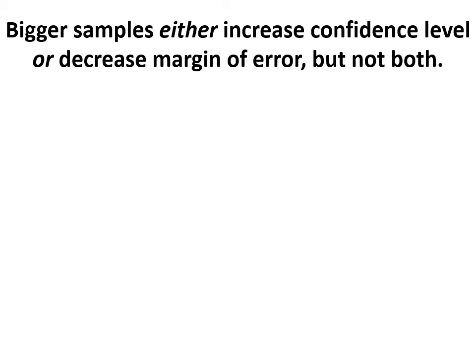He notes that bigger samples either increase your confidence level, so an example of that would be, you move from 90% to 95%, or they decrease your margin of error.